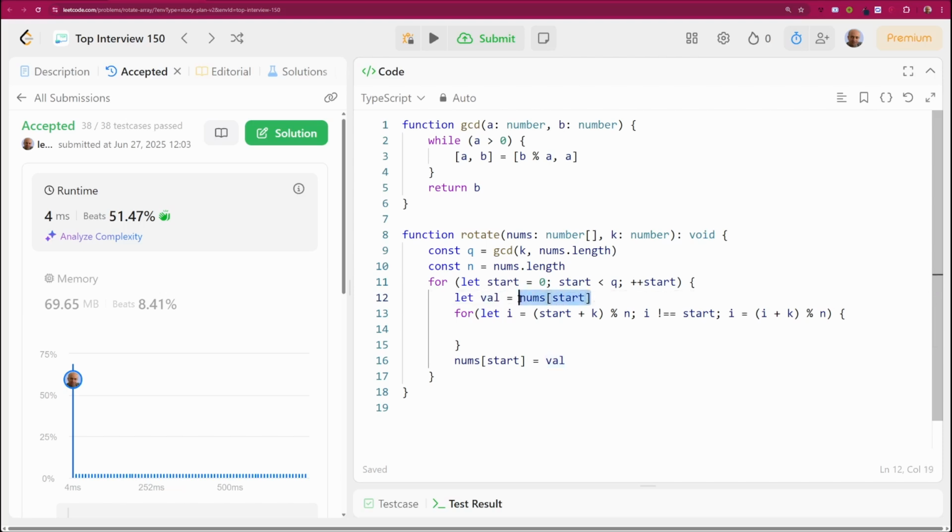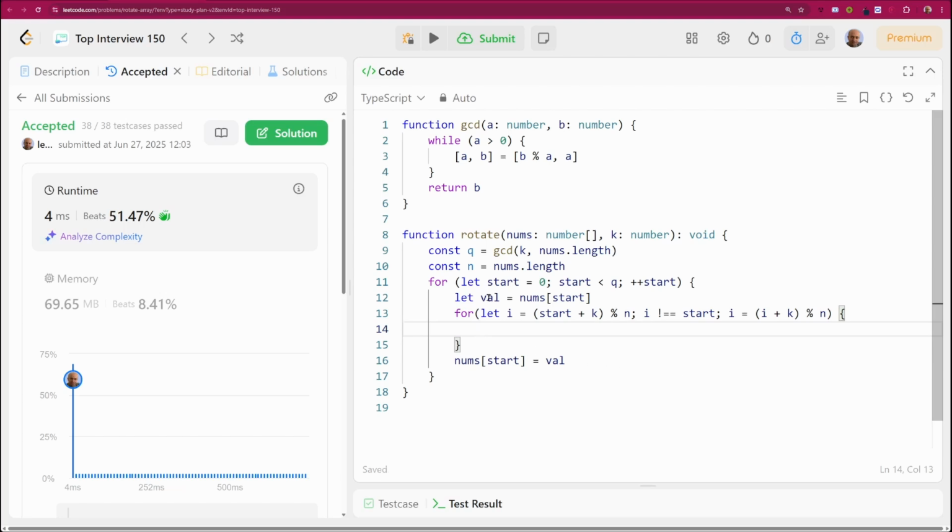Initially, it's the starting position. I've memorized it, but we're going to end up in the same place in the start. And val at this point will contain the last position that we visited. So we have to still do this assignment here. But inside the loop, I have to do a swap basically. I'll explain what I'm doing.